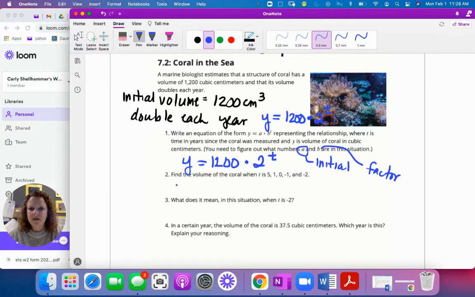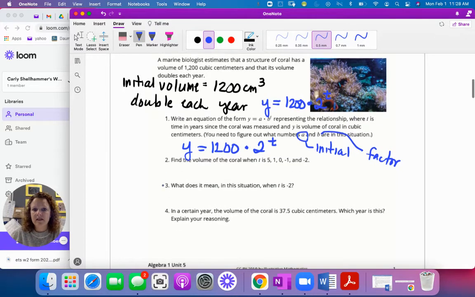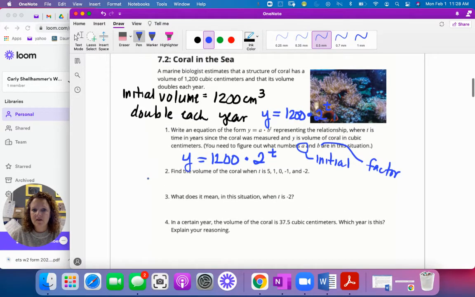All right, find the volume of the coral when t is 5, 1, 0, negative 1, and negative 2. Okay, need my calculator.